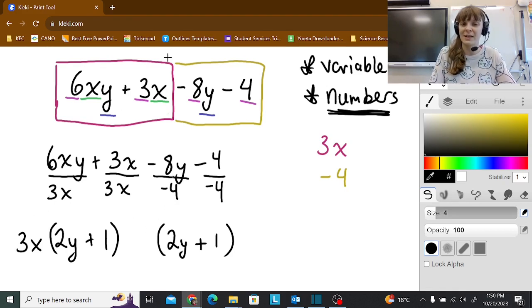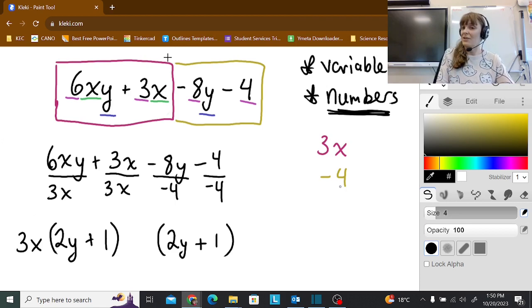So let's double check that this factor will actually give us 2y plus 1. We have negative 8 divided by negative 4, which gives us positive 2, and we have the y still there. So that makes sense. And then we have negative 4 divided by negative 4, which gives us positive 1. So this seems to match up.